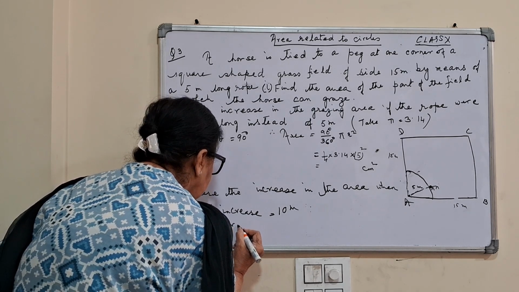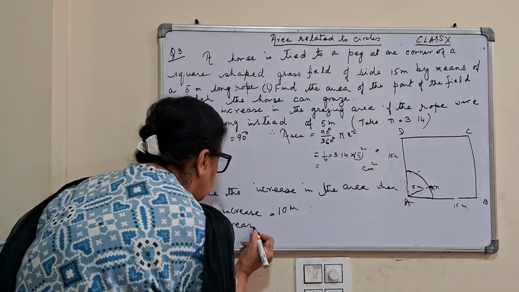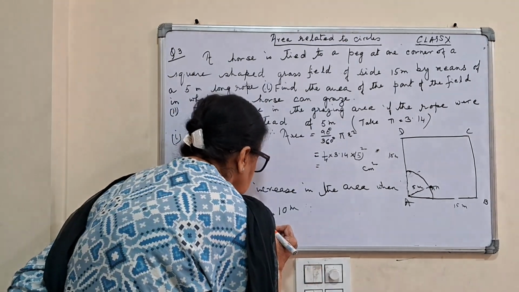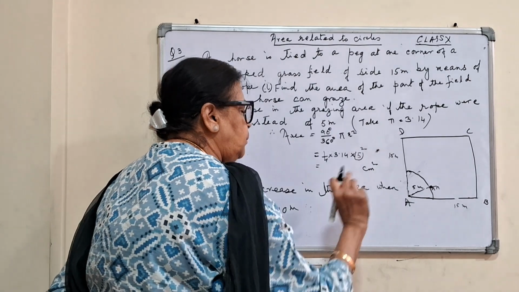Increased means, first you have found out with 5 meter, and then now you will find out with the 10 meter. So it is the same ground.